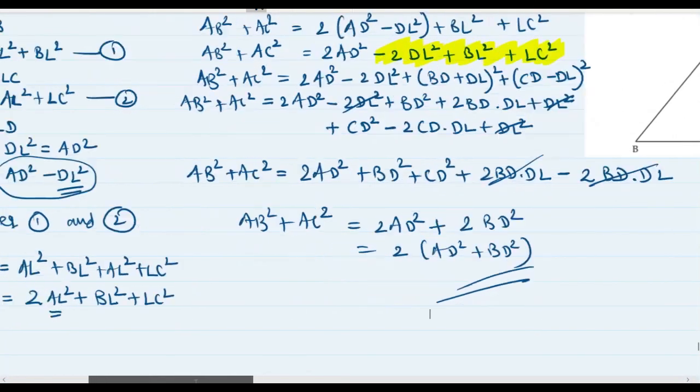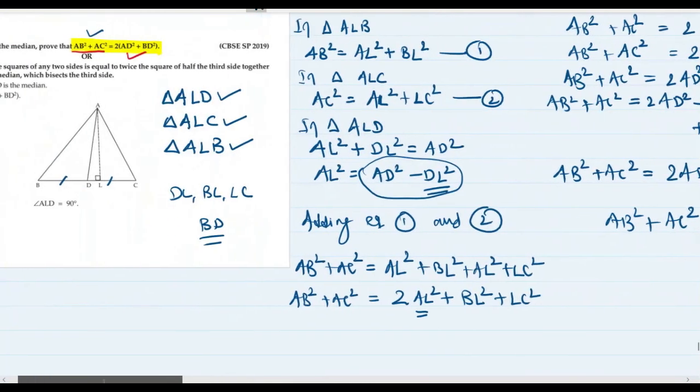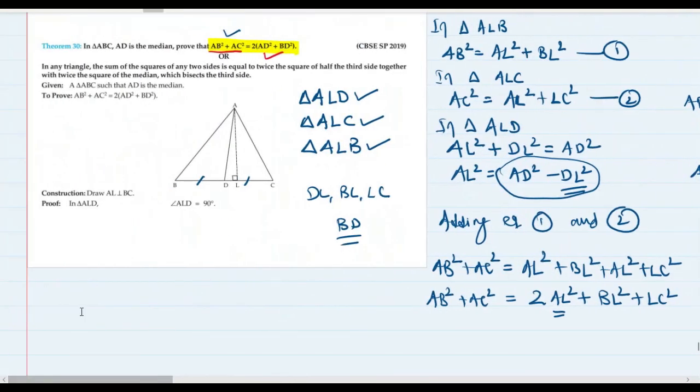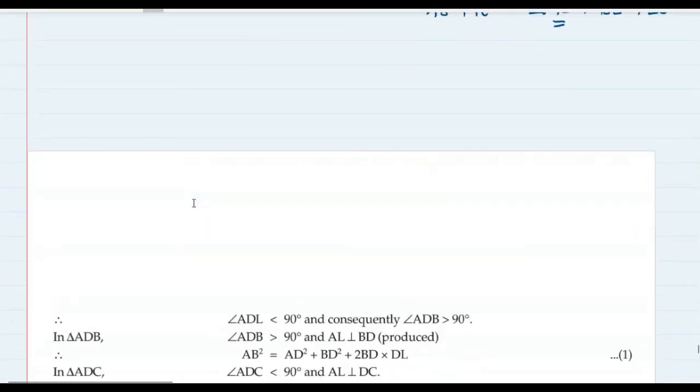It was long and complicated in between, but it was not impossible. Go through it again if you feel like, and try to understand how I proved it. Also understand this question is asked in the exercise as well. In many exercises you will find this question, which we have proved as a theorem, and it can be asked in the exam as well.